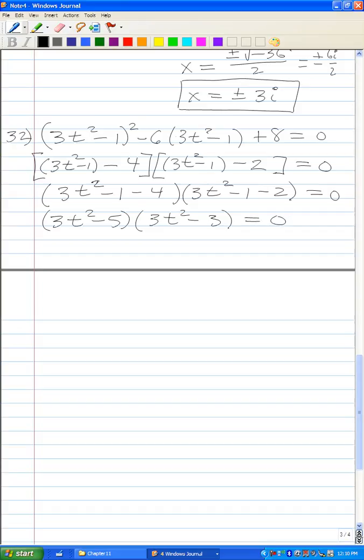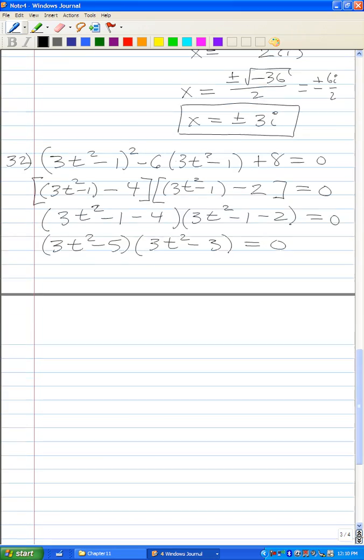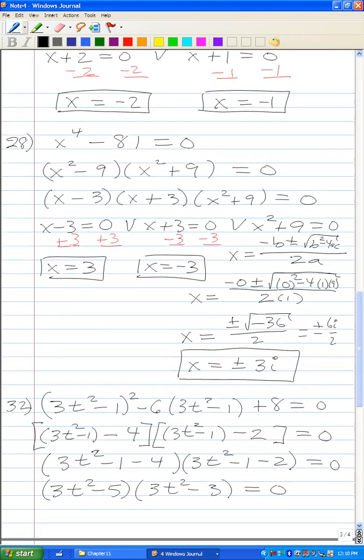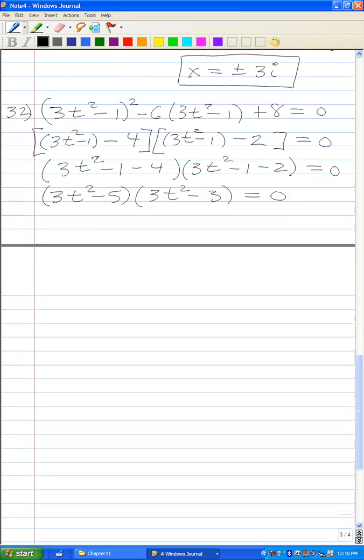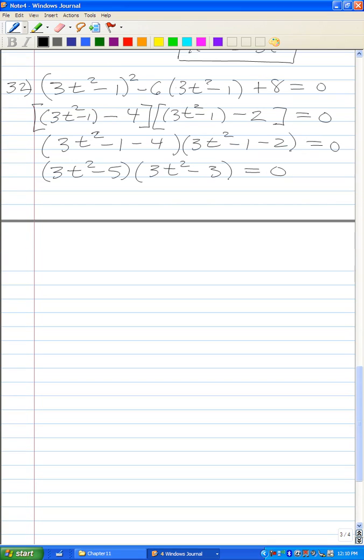Again, I could factor out the 3, but since I already factored out the 3 in problem 24, I'm not going to do it in this one. I'll show you a different way, I'll just leave it unsimplified. Set each factor to 0, and you'll see you still get the correct answer. And so set each factor to 0 and solve.